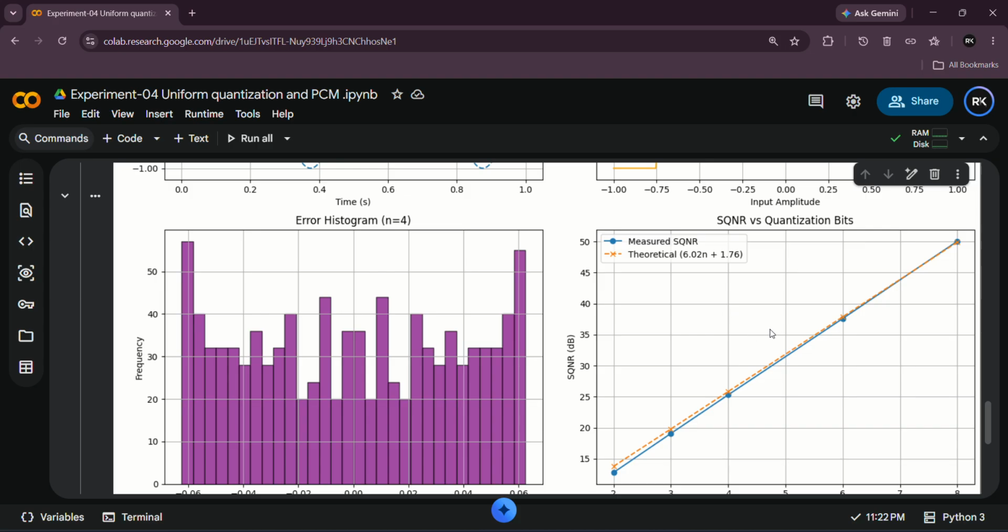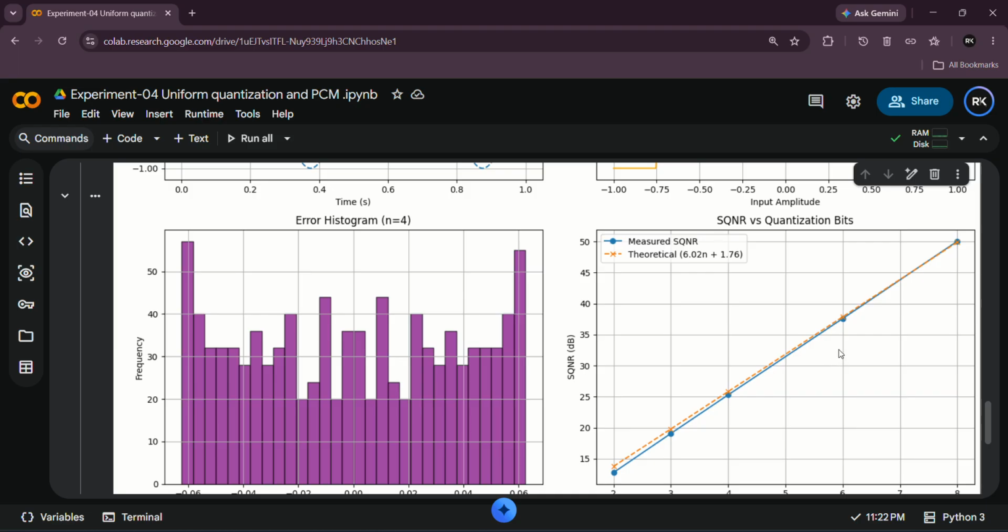And the last plot is really the payoff of the whole experiment. It shows measured SQNR against the theoretical prediction. As we increase the number of bits, we can see the two lines track each other closely, confirming that our implementation matches theory.